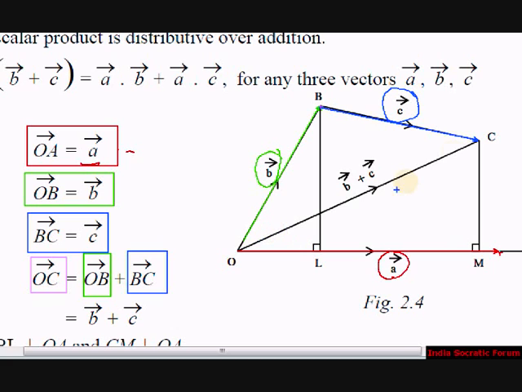OC is nothing but the sum of OB and BC. This represents vector addition, B vector plus C vector, which gives the resultant vector. So we represent it as B plus C vector. This is how the resultant vector works.